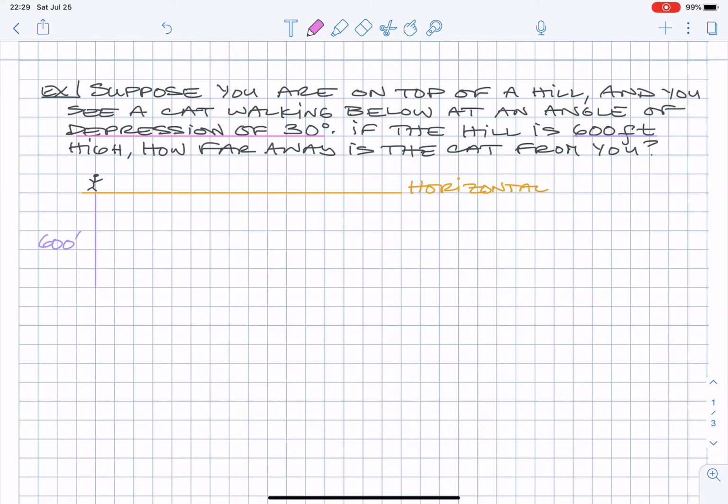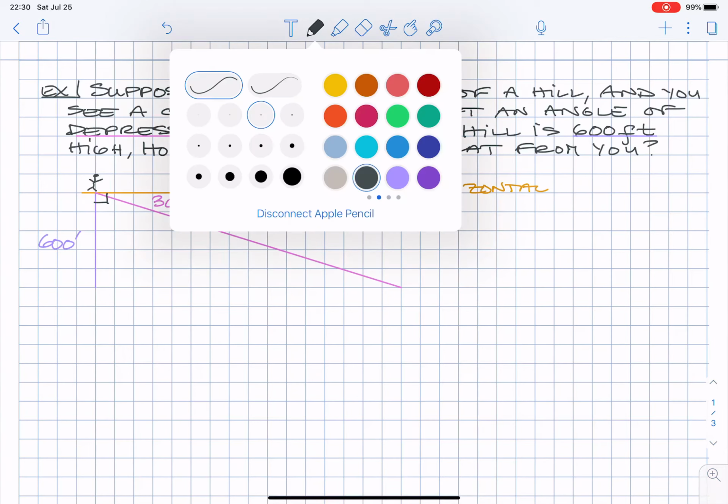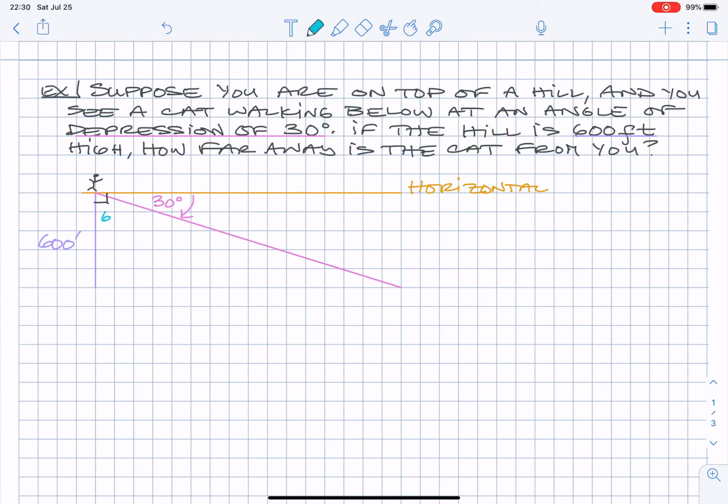So that means as measured from the horizontal downwards, this is an angle of depression, so I'm beneath the horizontal. Okay, so if that's 30 degrees, and this is a right angle here, then I claim that this is 60 degrees in order to get to 90. 30 plus 60 is 90.